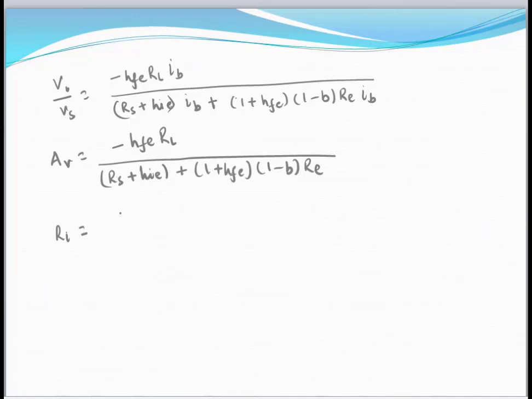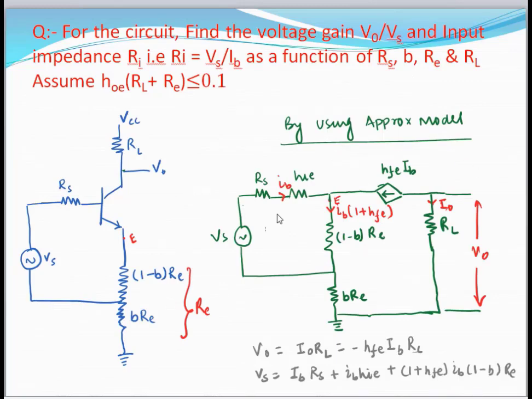If you look at the approximate model, this is the source voltage Vs, and IB is flowing through this loop. If we take KVL in this loop, we will get Ri, the ratio of Vs by IB.